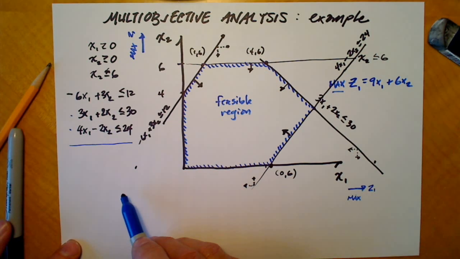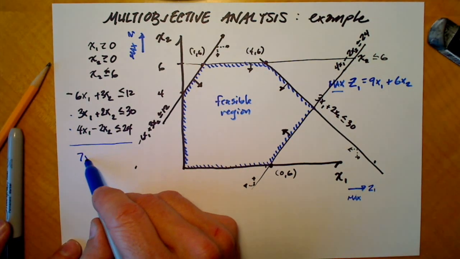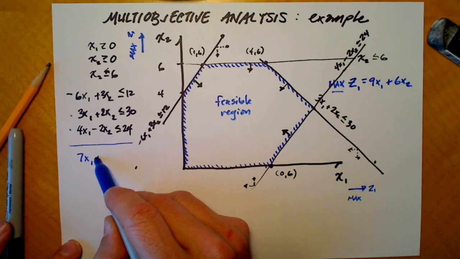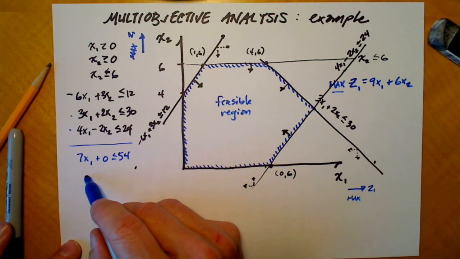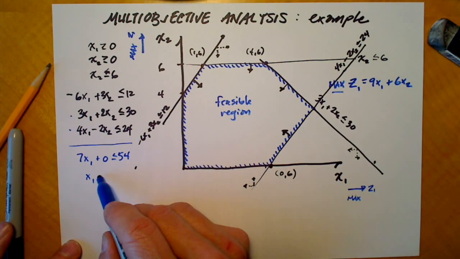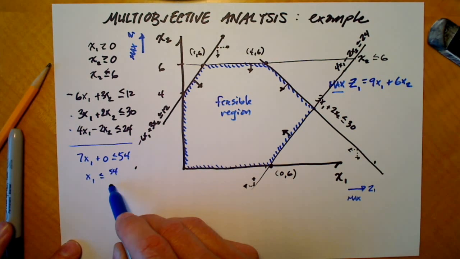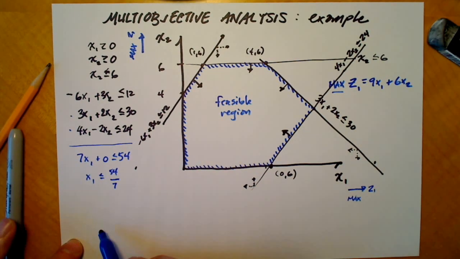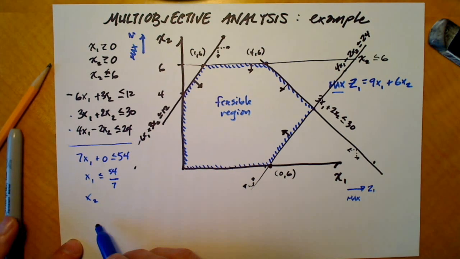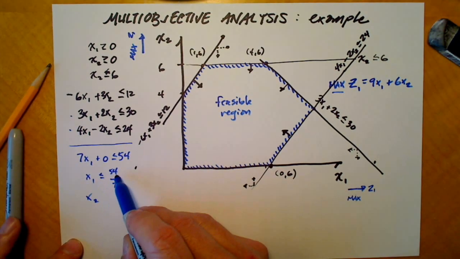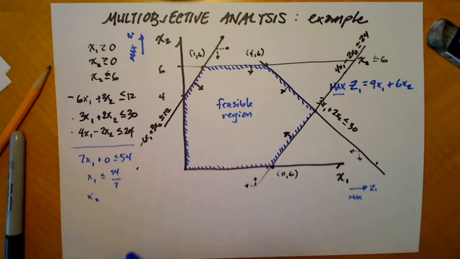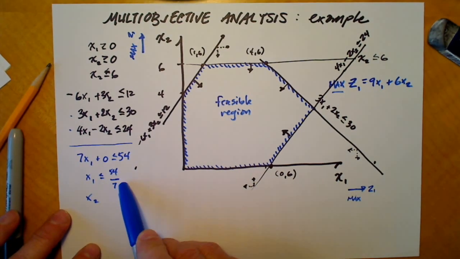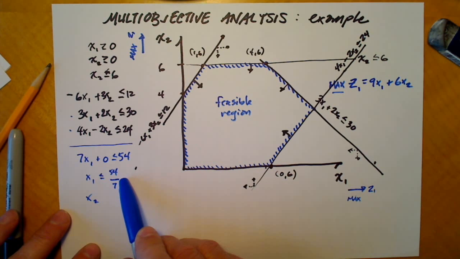Let's figure that out by adding the equations up. I hope that looks right to you. x1 is going to be 54 over 7. x2, when we plug 54 over 7 back in, we get another funky looking decimal. This one works out to be about 7.7.